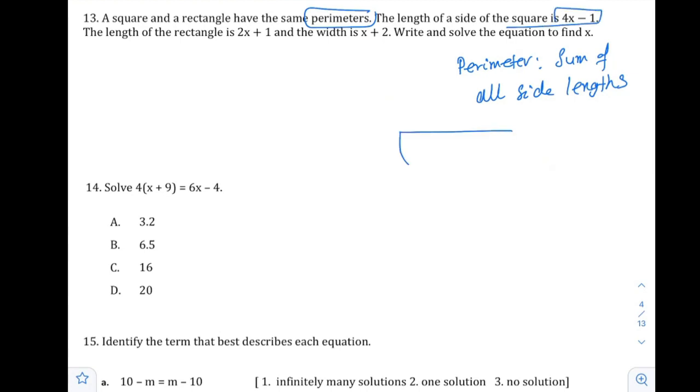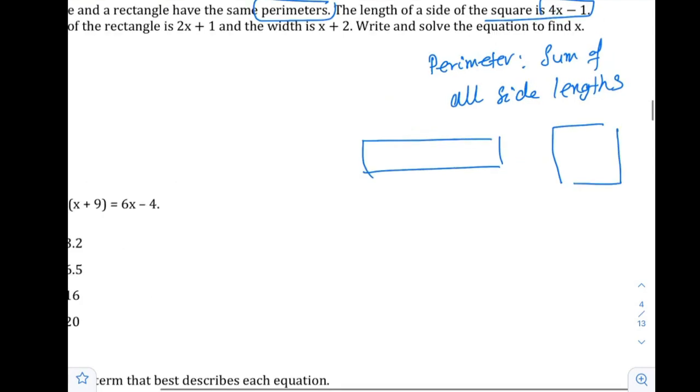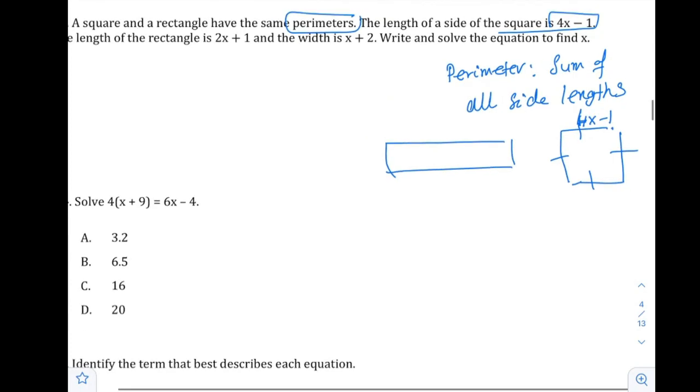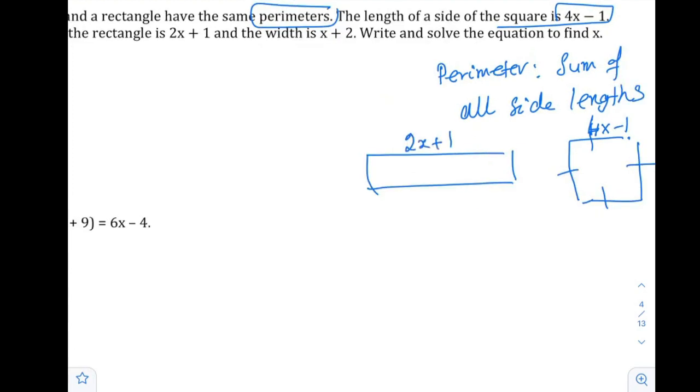So كأن عندنا a rectangle and a square. The length of the side of the square is 4x minus 1. طبعا the square has all side lengths equal. But for the rectangle we have length 2x plus 1 طول and the width is x plus 2.